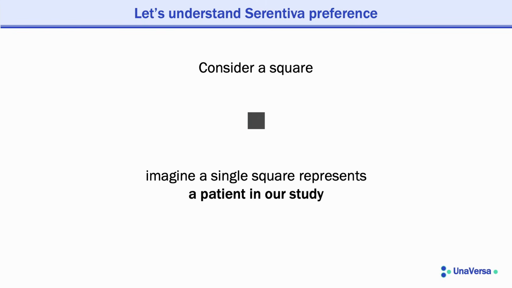I'm here to talk with you today about patients' overwhelming preference for Universe's new anti-anxiety drug, Serentiva. Let me walk you through the results of our latest study. So if you start by considering a square, let's imagine that a single square represents a patient in our study.